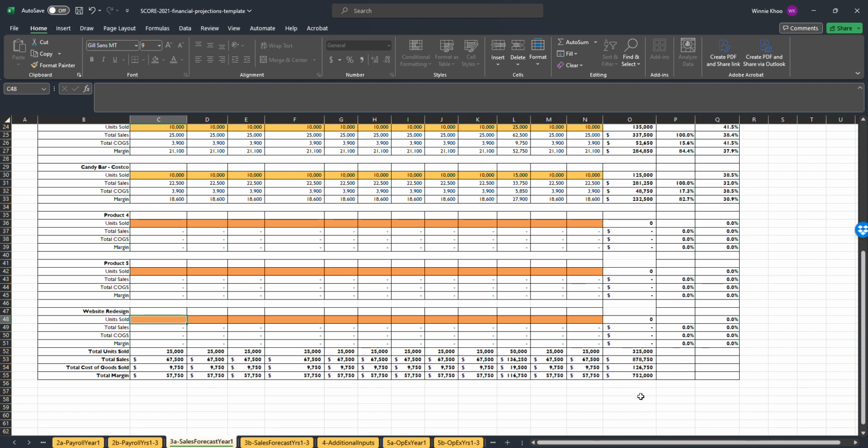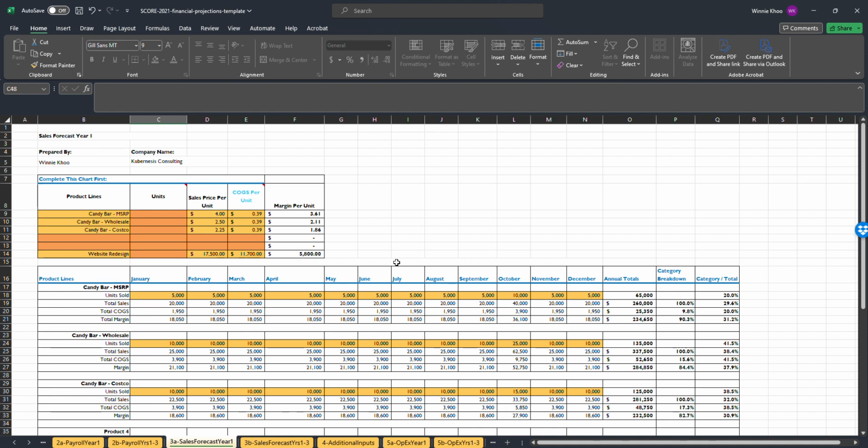So doing the math, you have roughly 350K to cover all the other costs. And again, that could cover trade, rent, insurance, any other expenses. And we actually go and estimate some of that in later tabs over here. But for now, we've completed the sales forecast for year one.